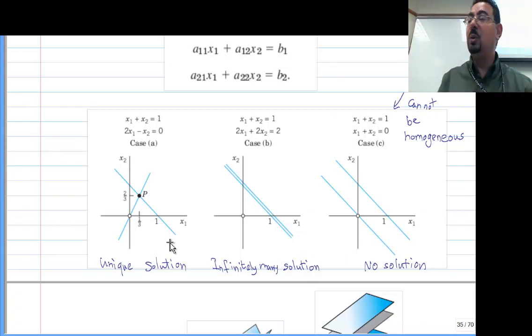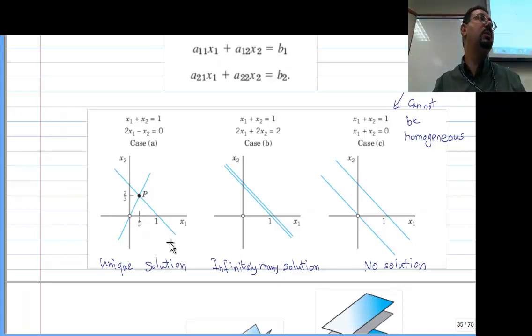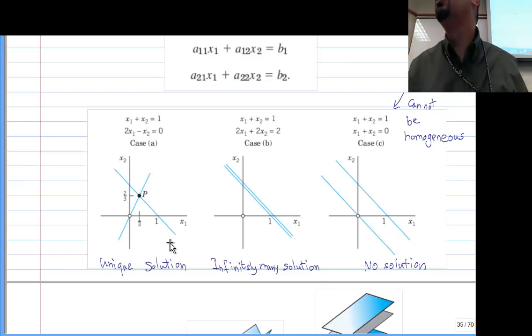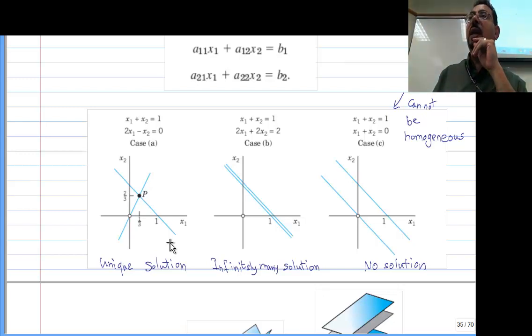In x1 and x2, they will basically give you 1 equation. They'll tell you, solve for me x1 plus x2 equals 5. That's it, 1 equation. So the number of equations doesn't always match the number of unknowns. When they don't match, things can go either way. We'll see how that works.